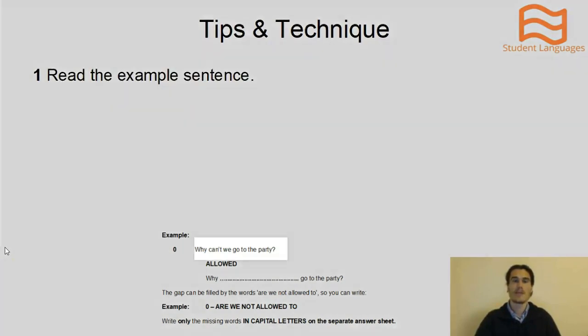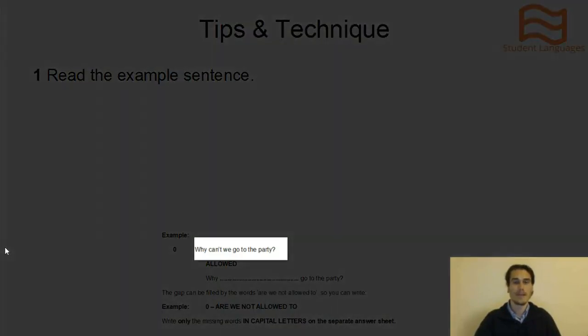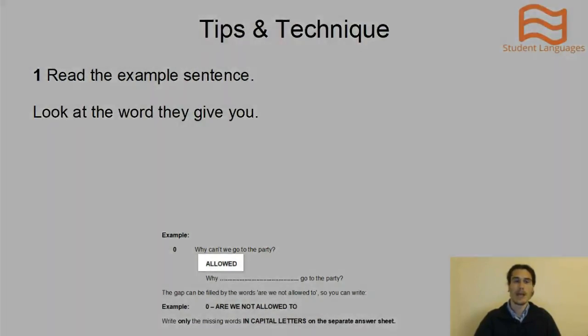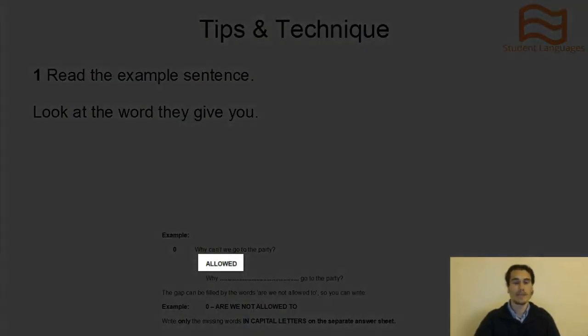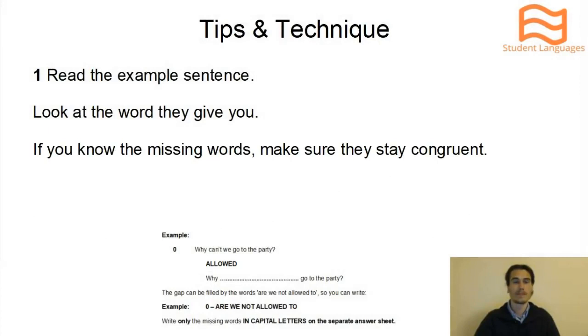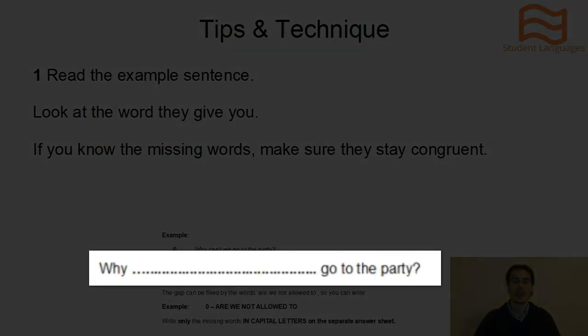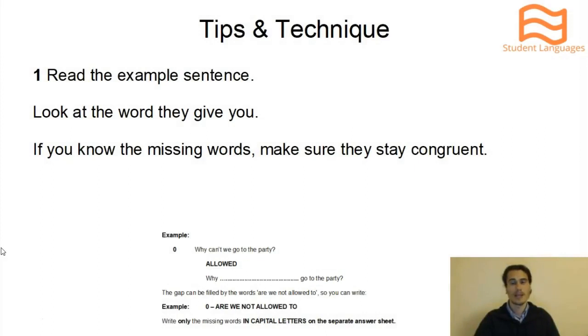Read the example sentence that they give you. And then look at the word that they give you. And then look at your sentence. And if you know the missing words, make sure they stay congruent. And this is an example of what I mean.